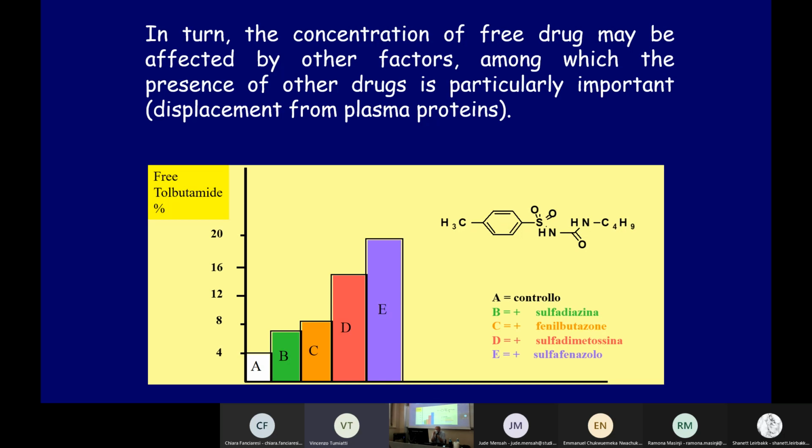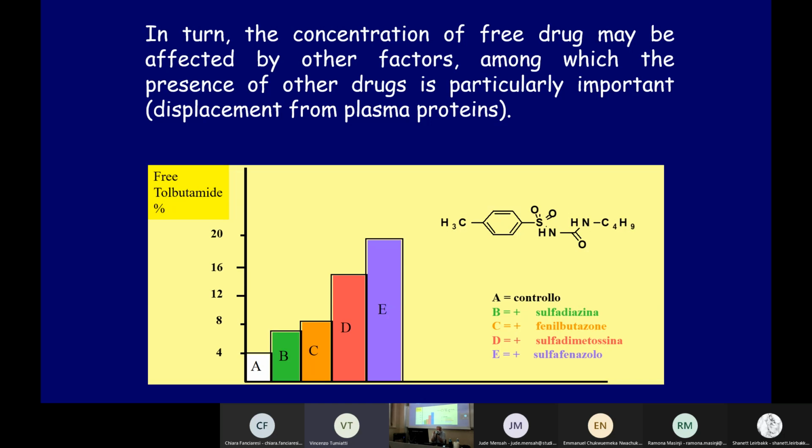And if the first drug is bound for 90%, for example, you can have a displacement of the first drug carried out by the second drug. And so instead of a 90% fraction bound to the protein, you can have only 40, 50%.